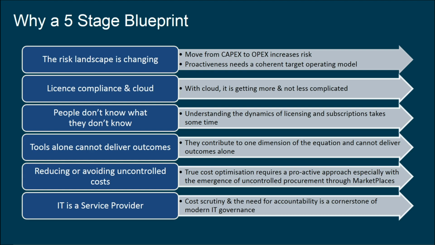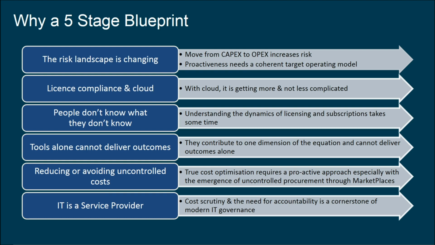And in a proactive requirement, that means it's something that has to be proactively delivered, especially where reducing and avoiding costs requires proactiveness, not least because the realm of uncontrolled cost leakage is getting wider with things like marketplace. So customers are finding that they need a more comprehensive framework to put control where previously some element of cost control might be done through procurement and sourcing and can't be controlled through the advent of cloud-based marketplaces.